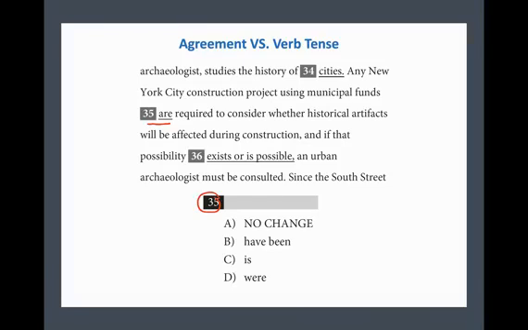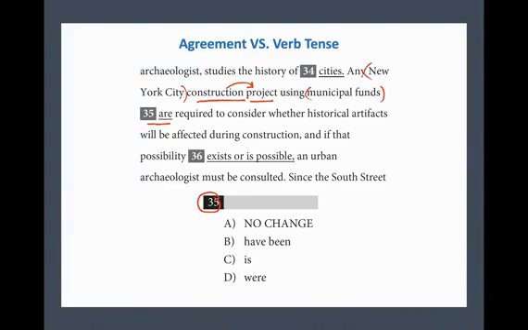What is required? It looks like it's not New York City. It's not the municipal funds. It's the project. What type? A construction project. This is my noun. This is my subject. The subject is the construction project.